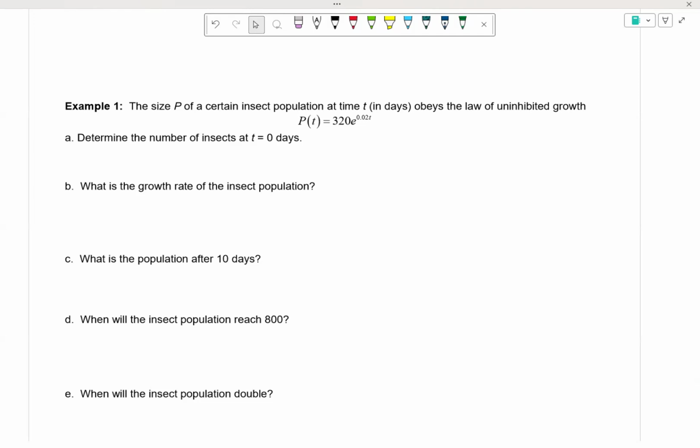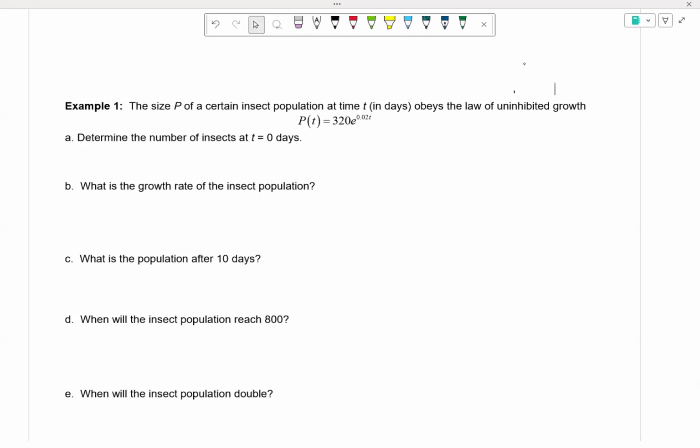So that 0, 1 becomes 0, 320. And then that 0.02, that is a horizontal stretch by a factor of 50. It's 1 over that 0.02. Multiply top and bottom by 100, and you get 100 over 2. So horizontal stretch by a factor of 50. So it's growing.